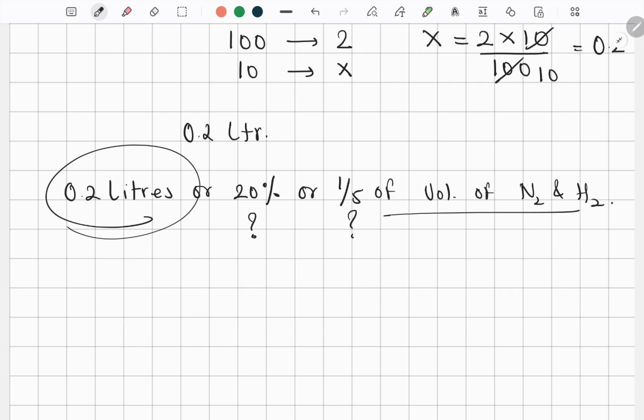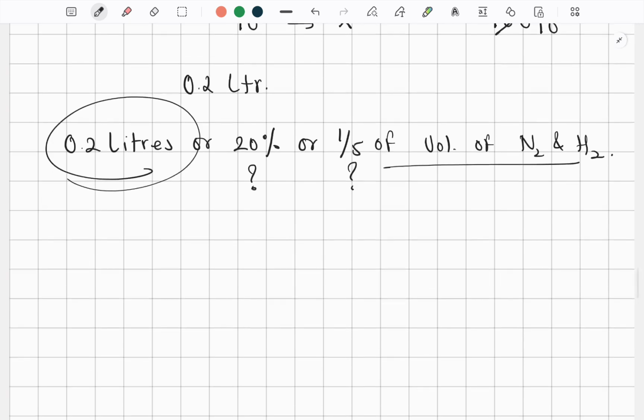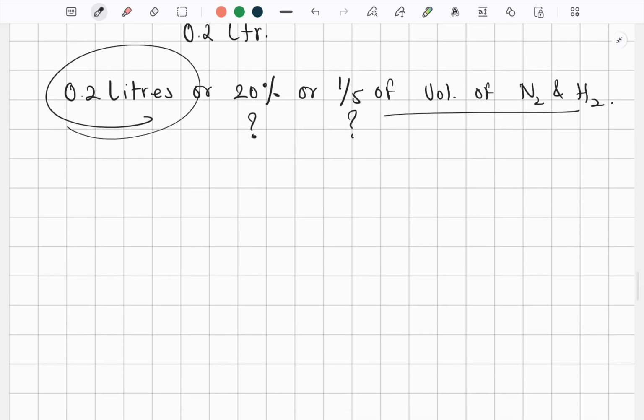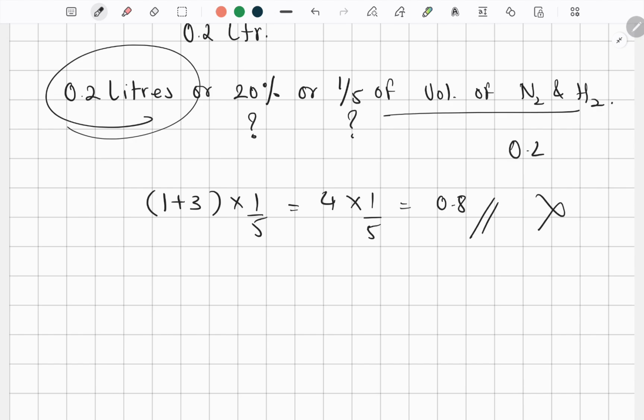First of all, this is not N2 plus 3H2, it's N2 and H2. Let's try to understand what if we think of it as the combination N2 plus 3H2: 1 plus 3 into 1/5 of the volume. So it's basically 4 into 1 by 5, which is nothing but 0.8. But our volume is 0.2. So this is wrong.